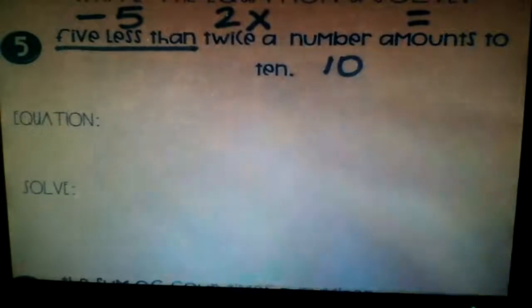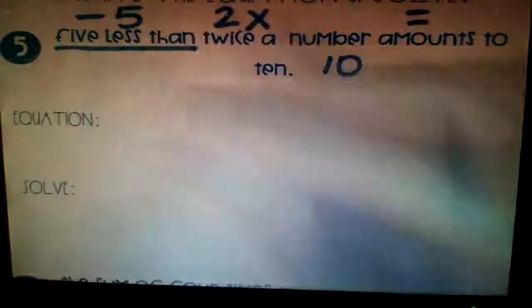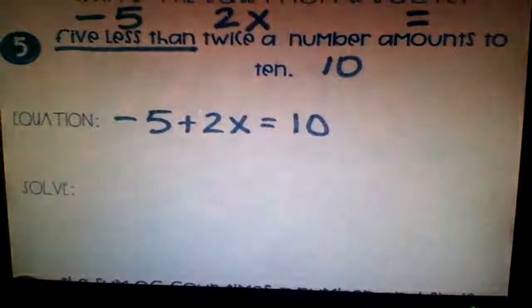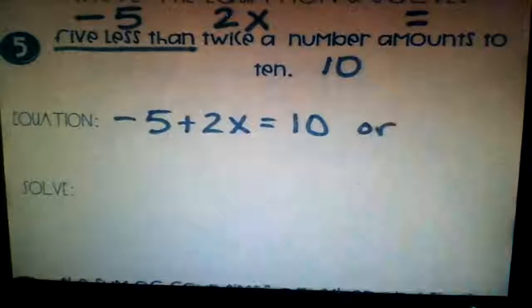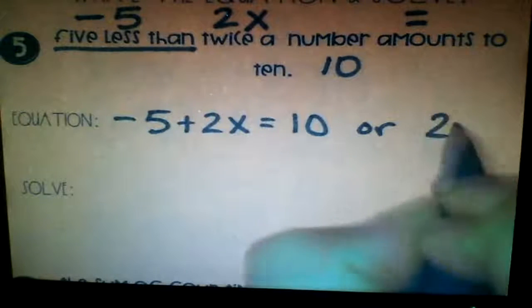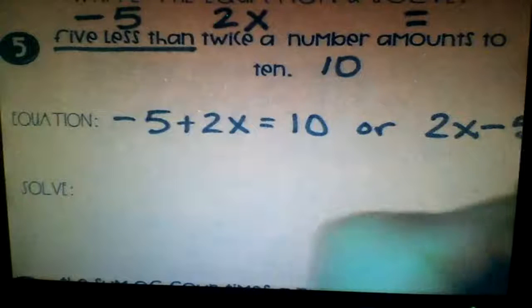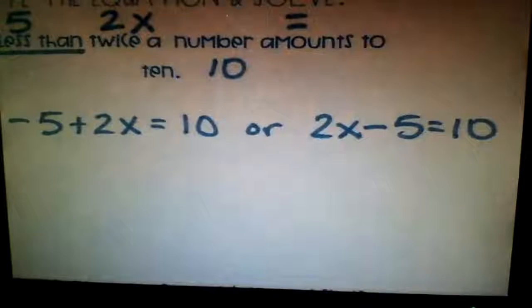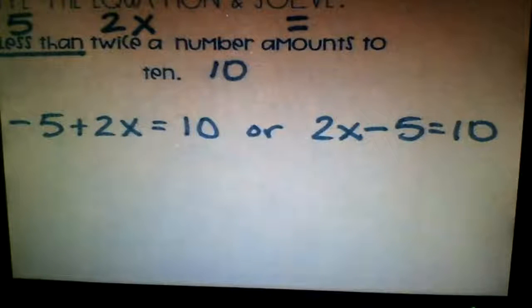I can literally take it the way I see it. Negative 5 plus 2x equals 10 because your 2x is positive. So that's why that addition sign came in there. Or you can write this as 2x minus 5 equals 10.